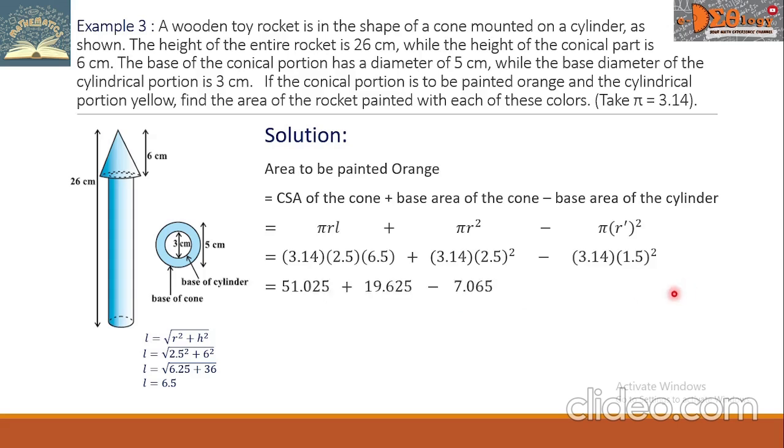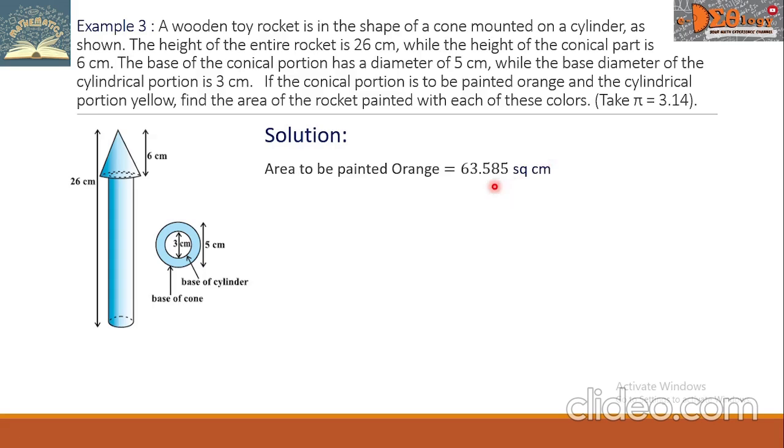Simplifying each of the group, we have 51.025 plus 19.625 minus 7.065. Finally, the total is 63.585 square centimeter. We write the answer in here.